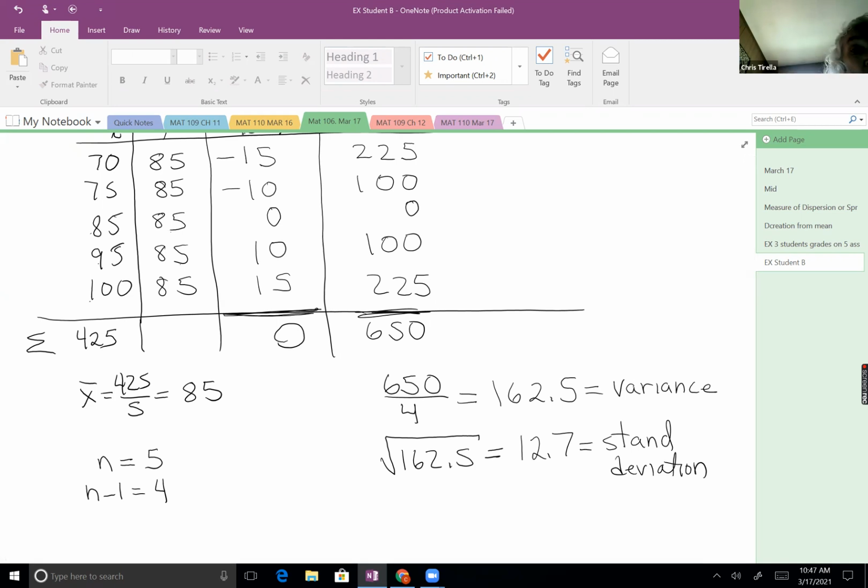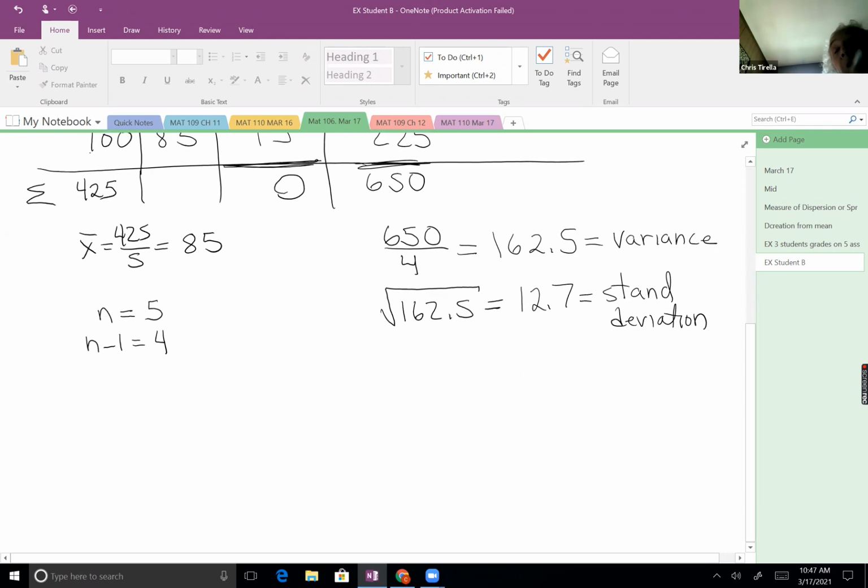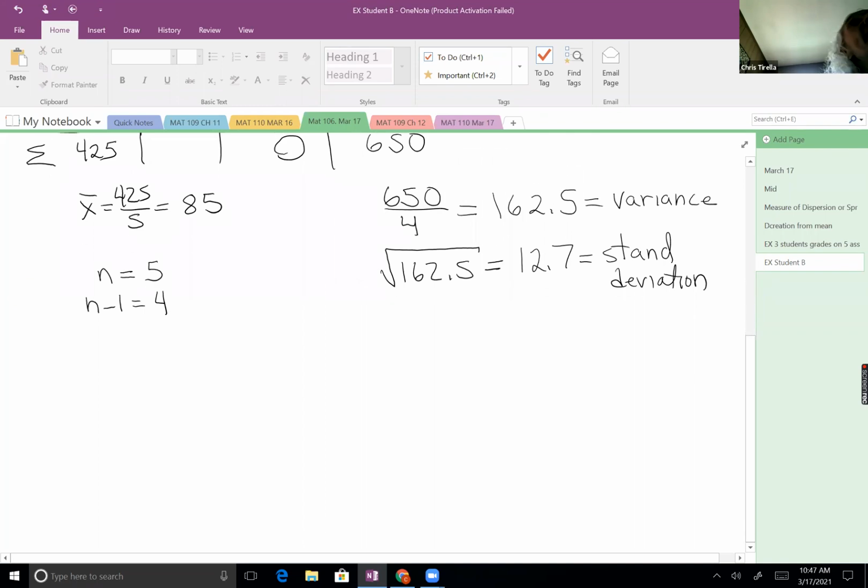Now, I don't frequently use the formula for the standard deviation, but you will find it in the Help Me Solve It. You will find it in the textbook. And sometimes, as much as the formula looks really scary, it helps me remember this process of finding the standard deviation. The formula is that the standard deviation is equal to, let's see, what did we do?